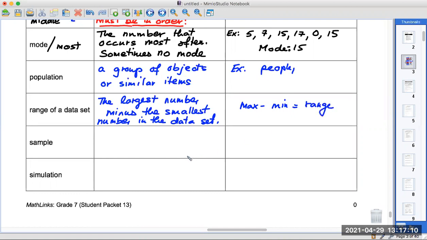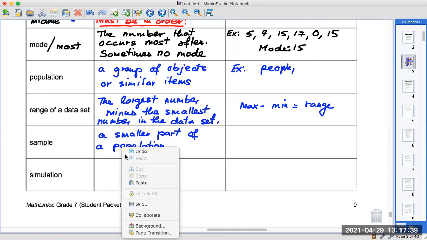Okay. A sample is a smaller part of a population. So for example, if you think about a big high school, let's say there's 2,000 students. That's a very normal high school number.